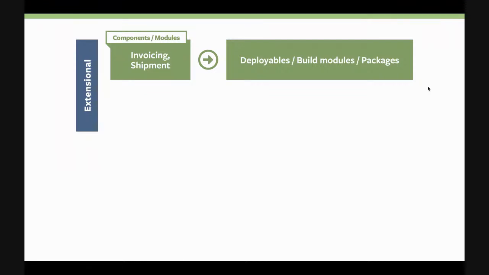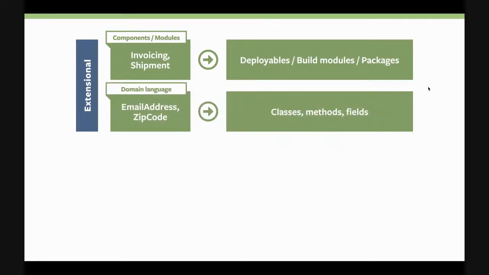And the nice thing about these extensional elements is that they very easily transfer into the technological artifacts that we use during software development. We can have an invoicing module, and that could be a deployable, or it could just be a build module that actually feeds into a deployable, or it could be a package within a build module. But there is an easy means to assign the logical thing to something technical, right?